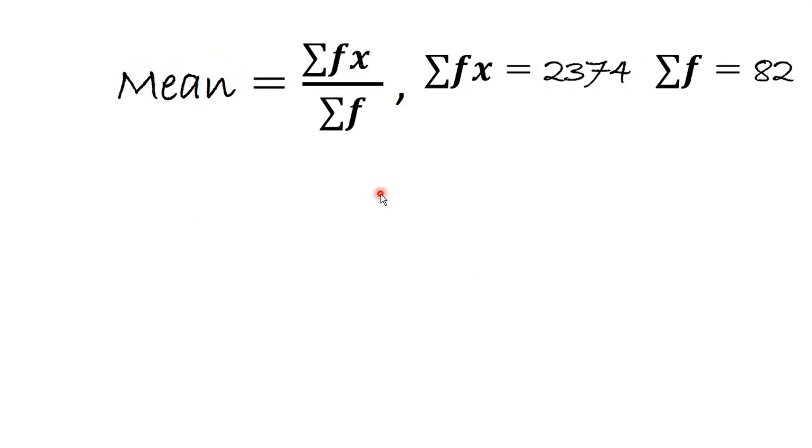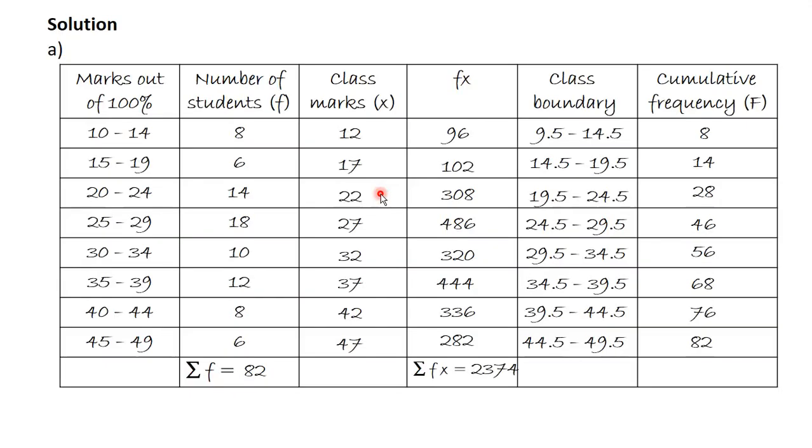So let's just reverse back to the table and we see the modal class. You pick the mode first of all, using the frequency. The mode is the value of the highest frequency, and that is 18. So the modal class is this class which contains 18. So the lower class boundary of the modal class is going to be 24.5.